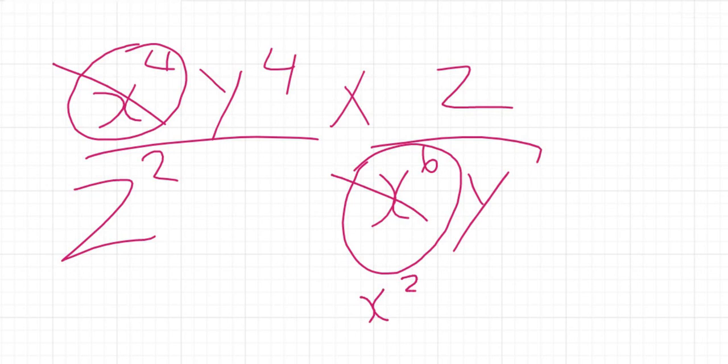We could say we have y raised to the 4th power divided by y raised to the 1st power. If we go back to the previous video that I made when we were introducing algebraic expression, we realize that any variable by itself has an exponent of 1 or a power of 1. So since this term has an exponent of 4 and this term has an exponent of 1, we subtract the powers.